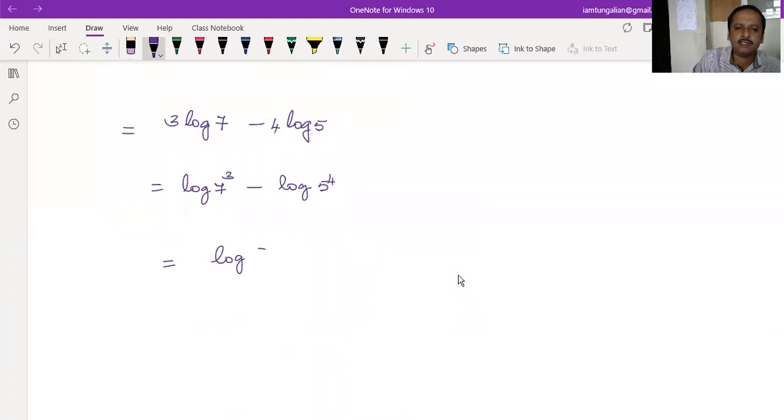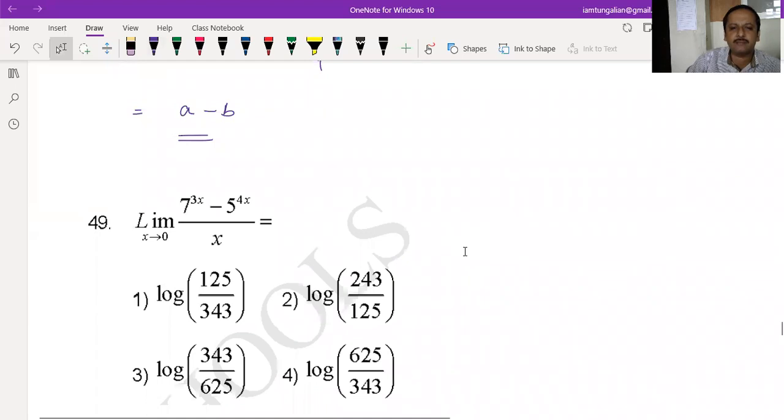You can write that as log of 7 power 3 divided by 5 power 4. 7 cube is 343, divided by 5 power 4, which is 625. Okay, so log 343 divided by 625 is the answer, which is the third option.